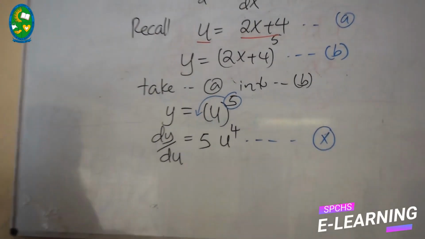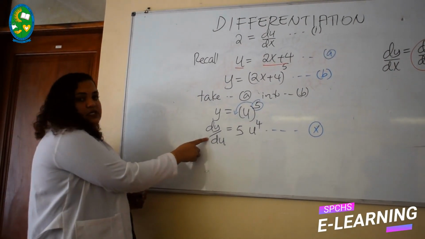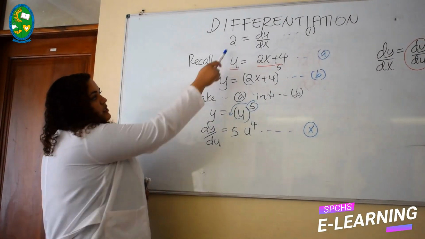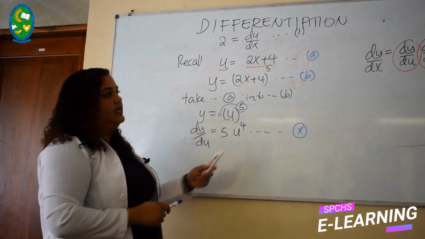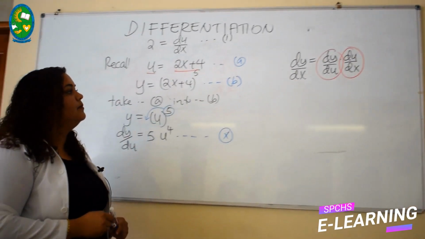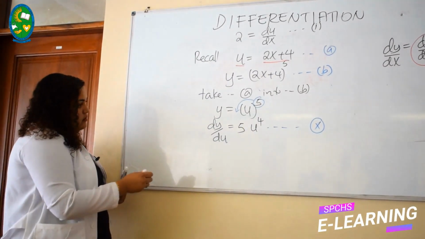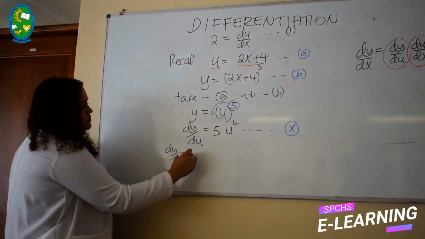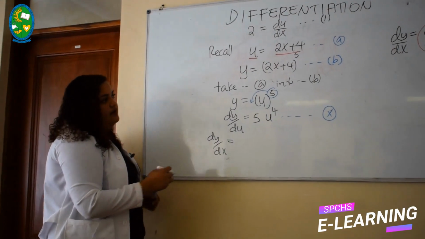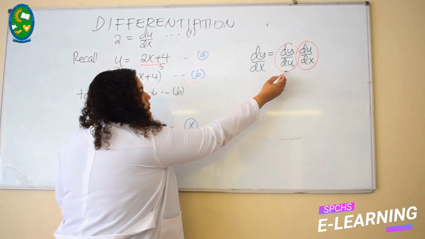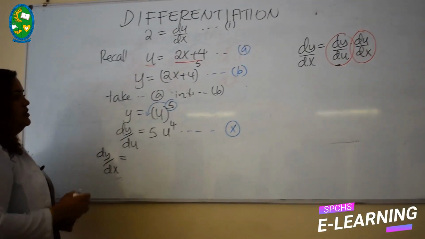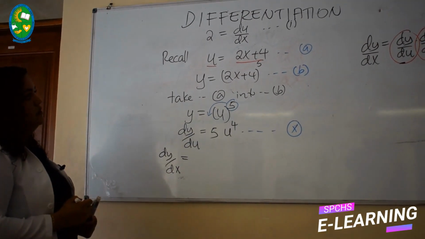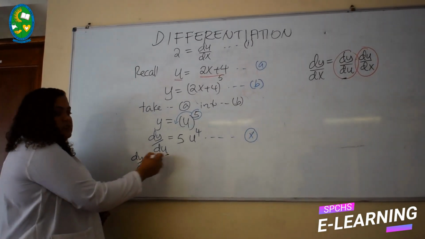Now, what we're going to do is use equation x and equation 1 and substitute them back into this chain rule. dy dx equals to, wherever I have dy du, I'm now going to substitute which equation? I'm going to substitute equation x.